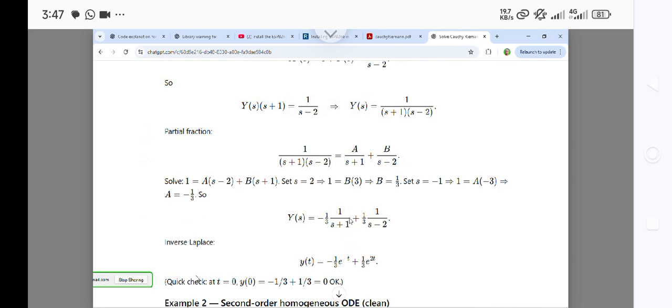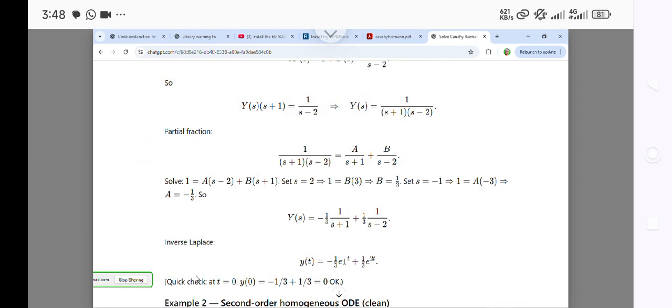So because we have 1 here, it will be exponential minus 1t. Then because we have minus 2 here, it will become exponential 2t. These numbers are still here. This is the inverse Laplace transform of that thing, and this is our final answer.